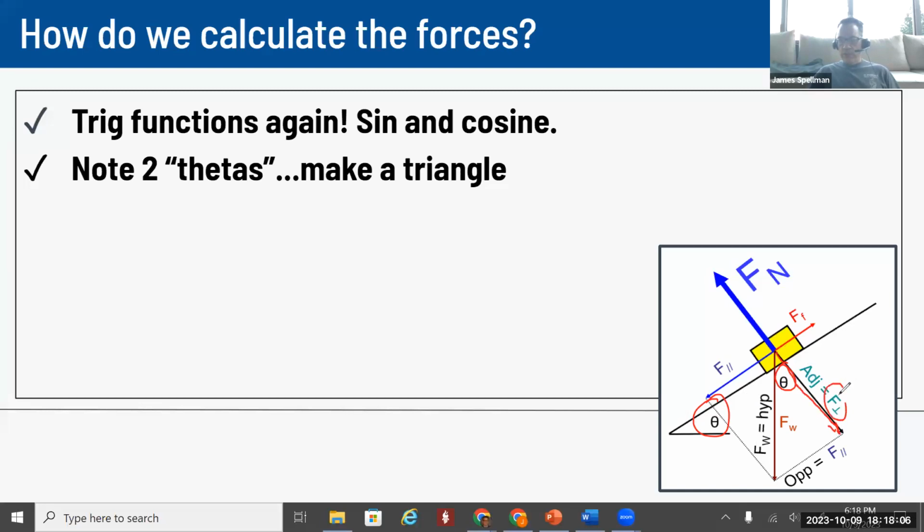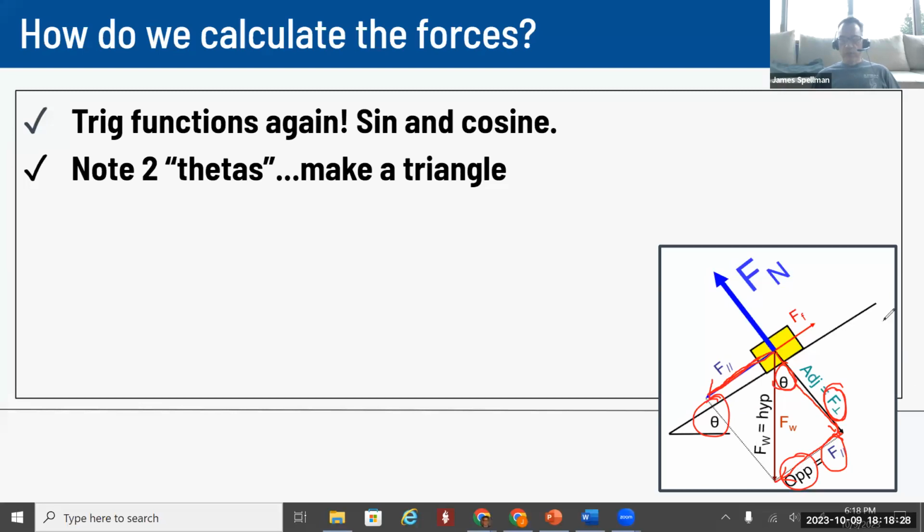And so again, the side that's adjacent to this angle ends up being our perpendicular force. Even though the parallel force is over here, the length of this side is going to be equal to the length of this side, which means that technically I can calculate the parallel force by looking at the opposite side that we have there.